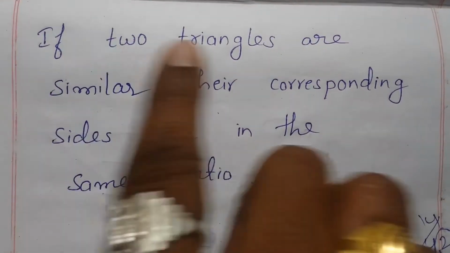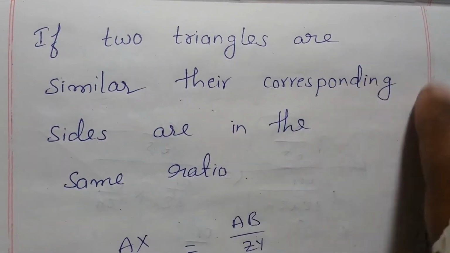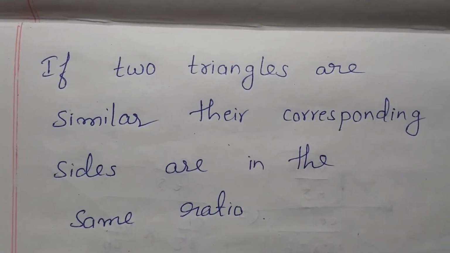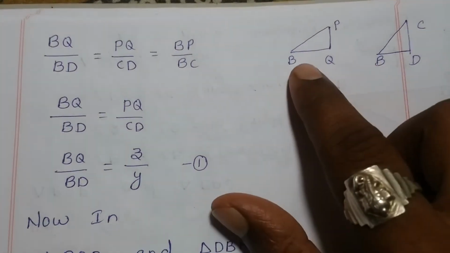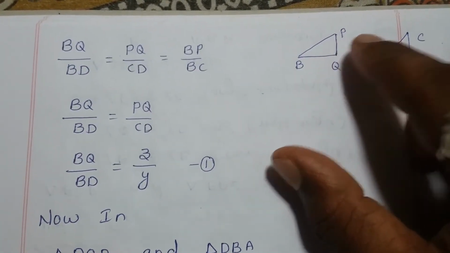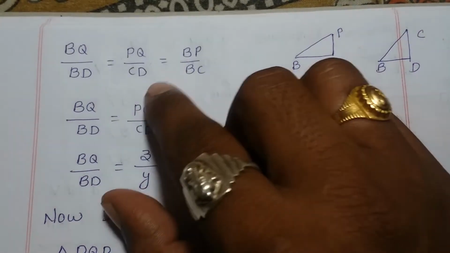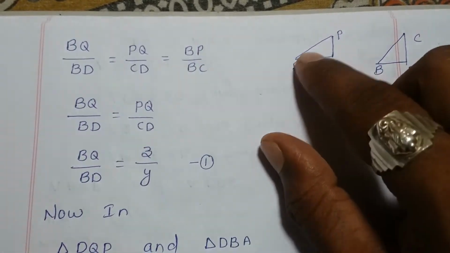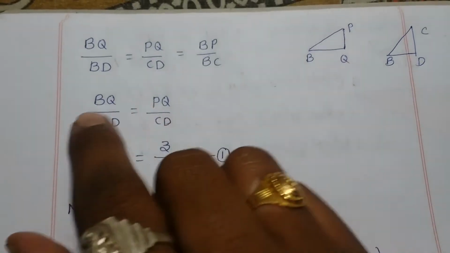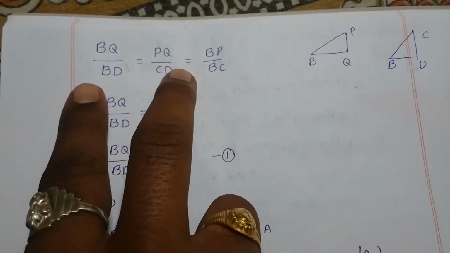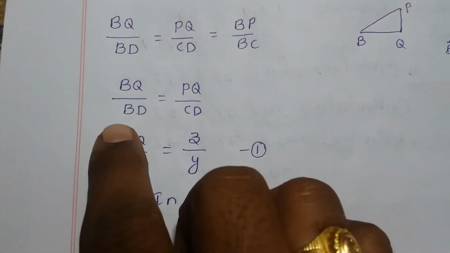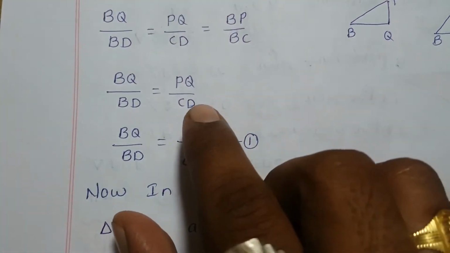We know that if two triangles are similar, their corresponding sides are in the same ratio. So corresponding sides BQ by BD equal to PQ by CD equal to BP by BC. From here we are equating these two. We are taking only two, that is BQ by BD equal to PQ by CD.